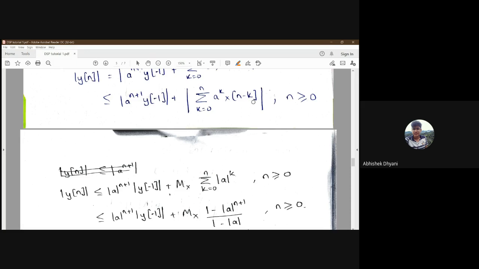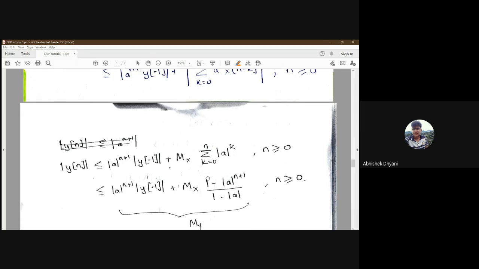So we replace this part, bring it outside, and basically the sum of this is bounded by Mx. The remaining part, which is the sum from 0 to n of a raised to the power k, is nothing but, we know the GP expression for this, which will give us this part.